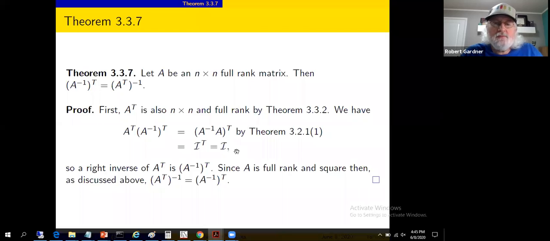Of course, the identity matrix is symmetric and equals its own transpose. So we've shown A transpose times A inverse transpose equals the identity. That is, a right inverse of A transpose is A inverse transpose. We just saw it'll work as a left inverse as well, provided we have a full rank square matrix, and we do.